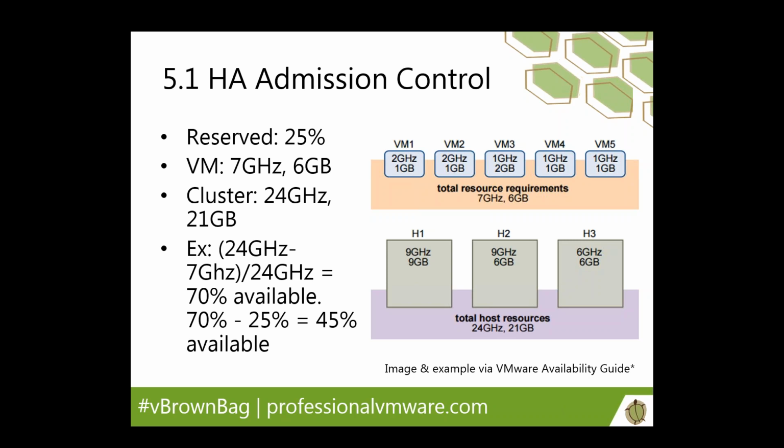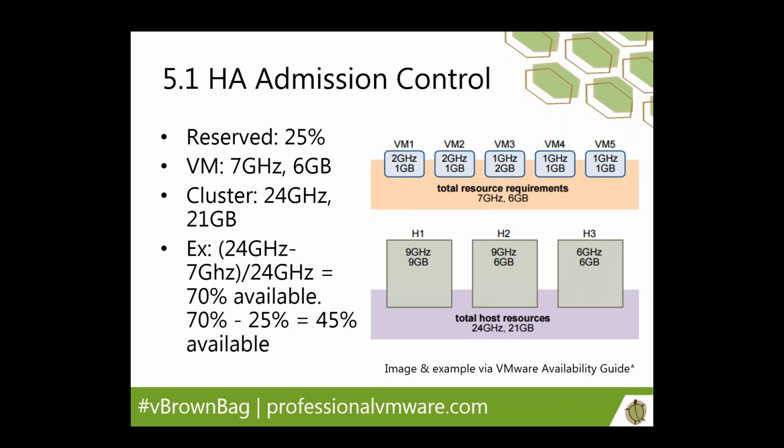We've defined a 25% reservation. So we subtract 25 from the 70 available because we're still reserving that 25%. So we still have 45% of our resources in this particular cluster. So admission control is still able to protect the virtual machines we have running and can satisfy powering on more virtual machines because we've still got 45% of the resources in our cluster available.